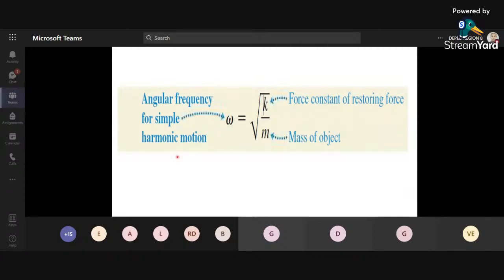So the angular frequency for simple harmonic motion, how do you pronounce this Greek letter? So this is a Greek letter. How do you call this? Is this, yes, omega? So this is Greek letter omega, small letter omega, is equals to the square root of the spring constant or the restoring force divided by the mass of the object.